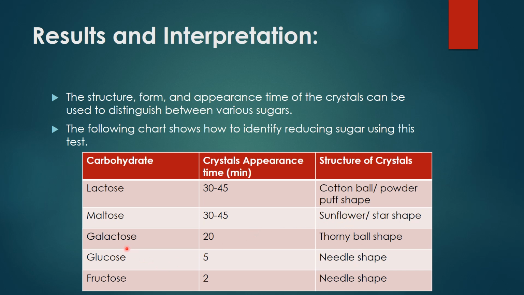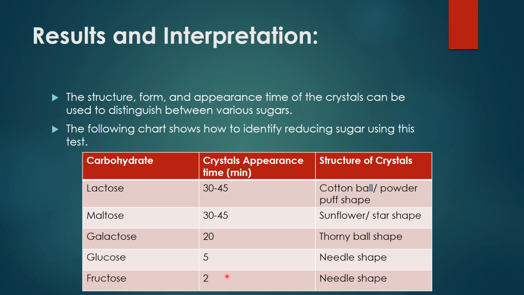For galactose, the crystals appear at 20 minutes. The shape of crystals is a thorny ball shape. Glucose appears at 5 minutes. The structure of crystals is like a needle shape.